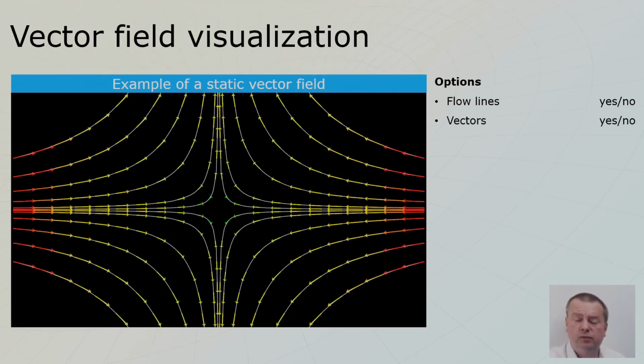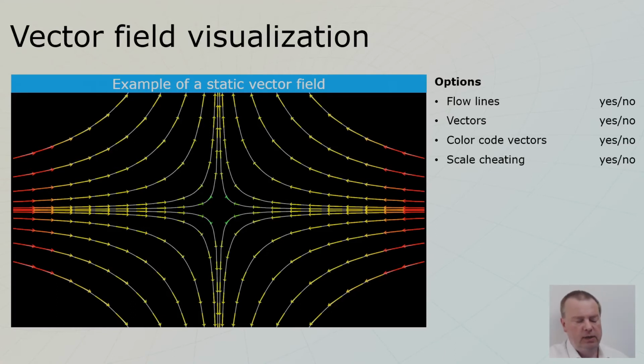You could stick to flow lines only and remove all vectors. In fact, in physics, they usually only draw the flow lines and leave out the vectors. You have to know this. You can also color code the vectors, yes or no. In this case, I color coded them, which means that red is really strong and green is a really weak vector, a small vector.